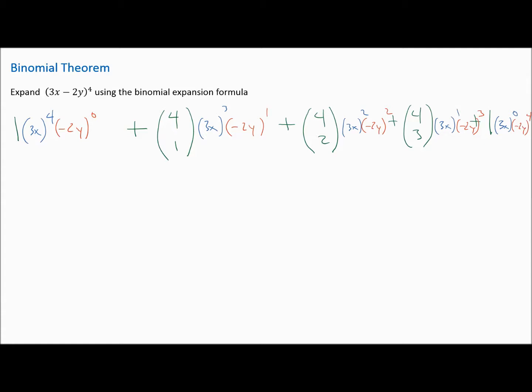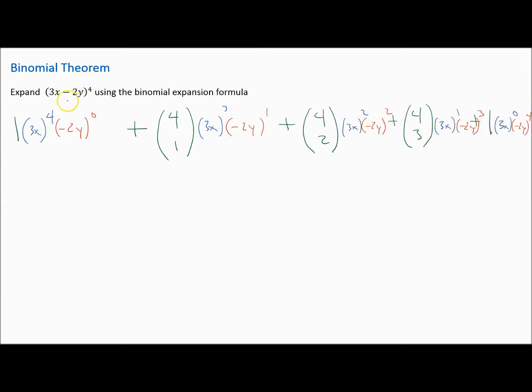So if you want to, think about your coefficients separately. It starts with 1, and then you have the exponent choose 1, the exponent choose 2, exponent choose 3, exponent choose 4, or it ends with 1. Then look at your first term. The whole thing raised to the exponent, and then start counting down. 3x to the 4th, 3x to the 3rd, 3x squared, 3x to the 1st, 3x to the 0.